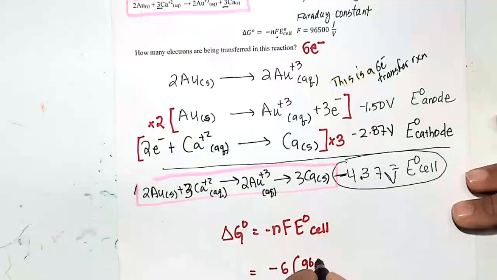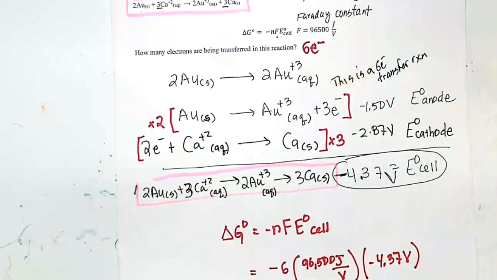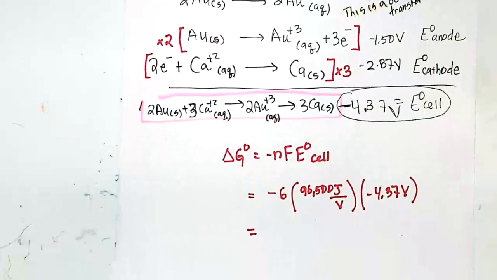Faraday constant is 96,500 joules over volts. E cell is negative 4.37 volts. The negative and negative make it a positive, so delta G being positive makes it an endergonic reaction.